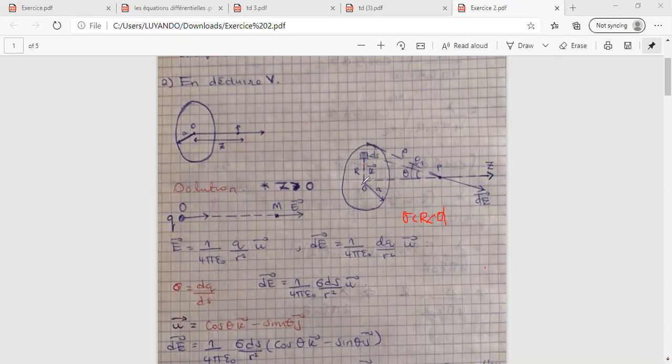Here we have this point that we used on the disk to calculate the E and the V being produced by this point charge.